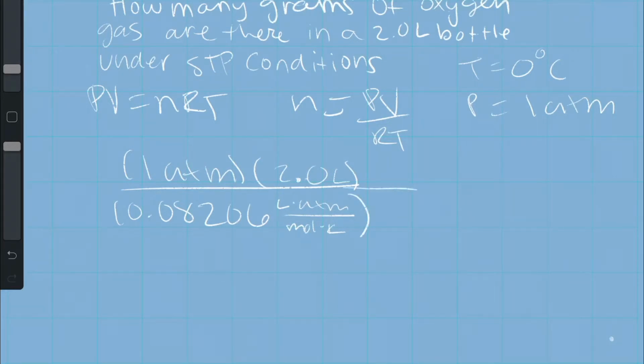And then that multiplied by the temperature, which is 0 degrees Celsius, but we're going to convert that to Kelvin. So in reality, it is 273 Kelvin.